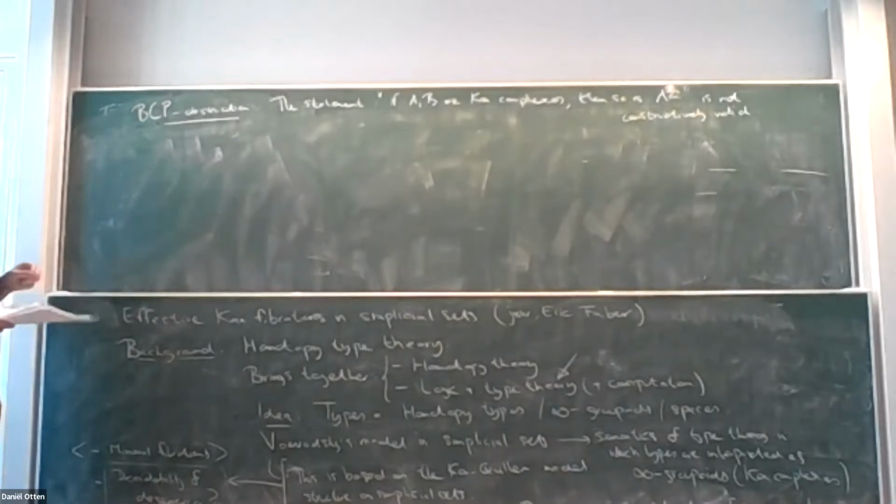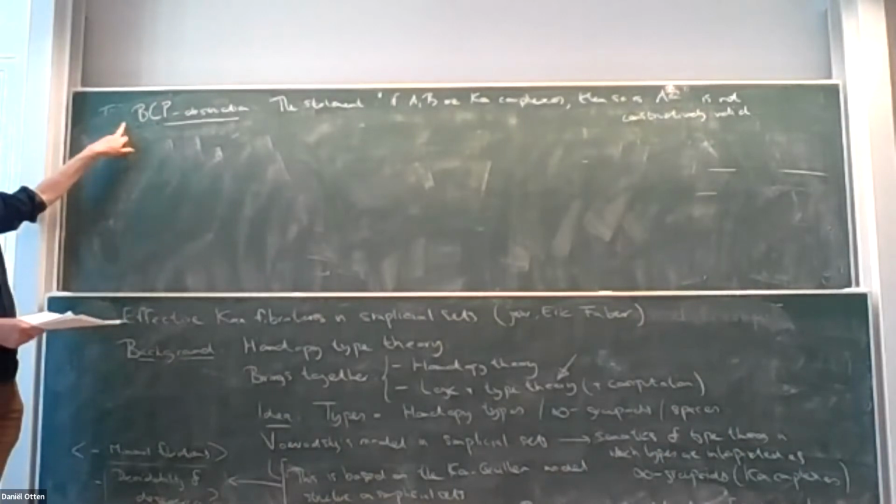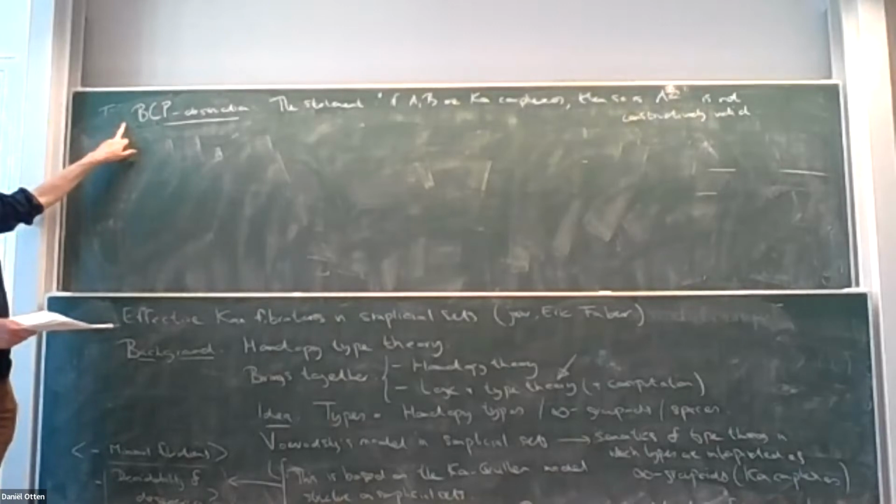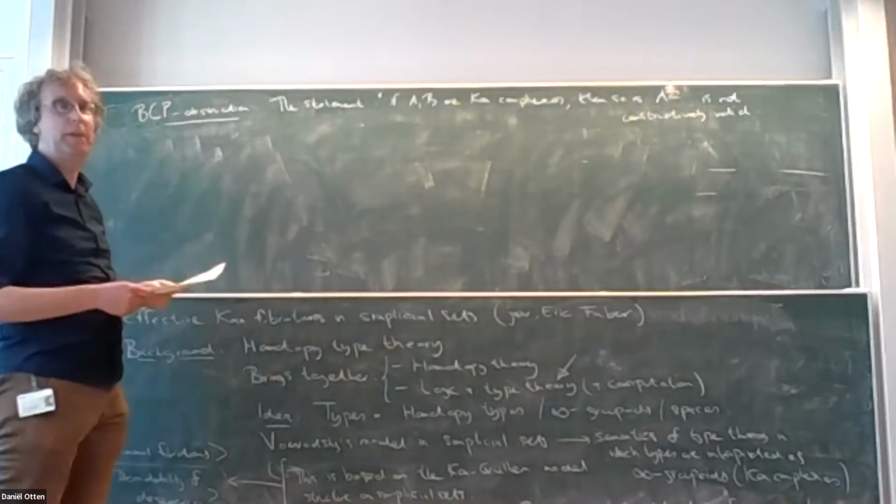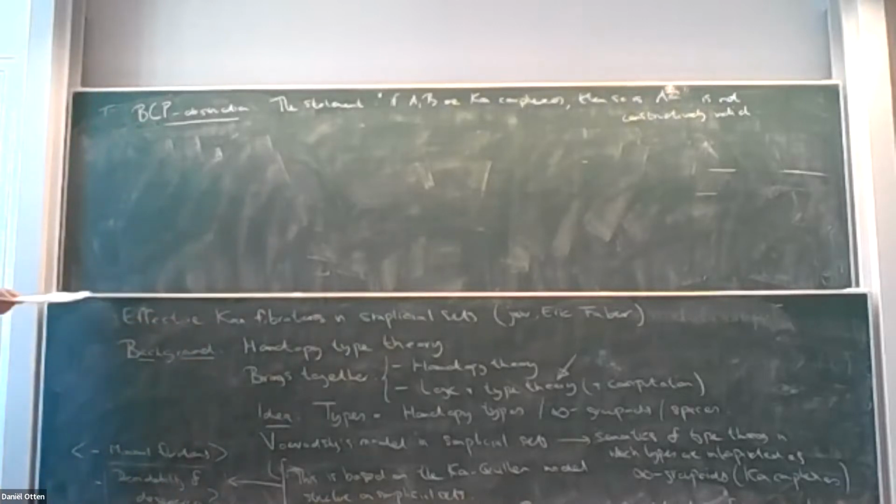So in Nicola's work, you change the interpretation of the function types into something which is not quite the exponential. Or you take some cofibrant replacement somewhere. You need to replace it with an assumption that A is cofibrant, B is cofibrant.